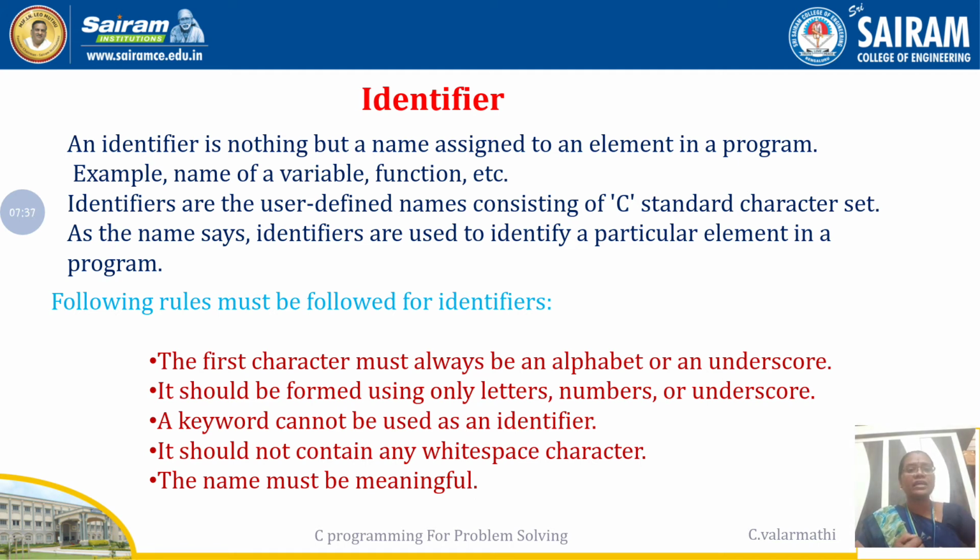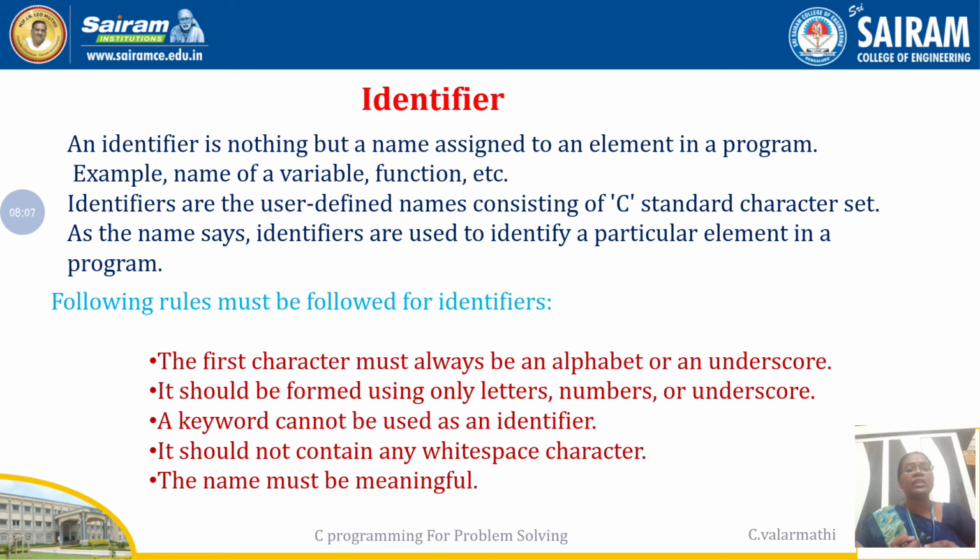And a keyword cannot be used as an identifier. Say for example, while is a keyword. We cannot give while as the name of that element. And then it should not contain any white space characters. Say for example, when you are giving the name of the function simple interest, in between simple and interest you should not leave a space.